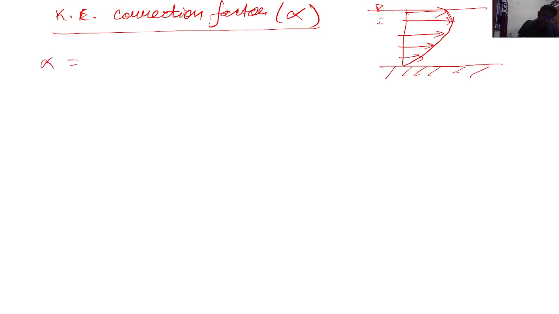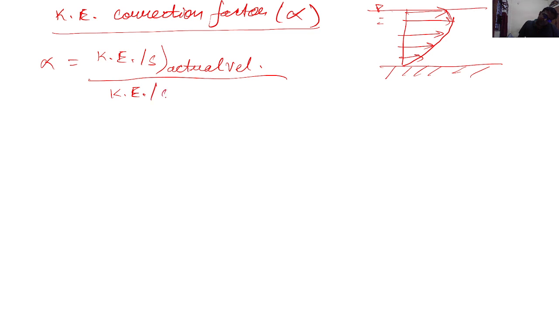Just a definition of the kinetic energy correction factor is kinetic energy per second when we use actual velocity in the expression, by kinetic energy per second when we use the average velocity in the expression.